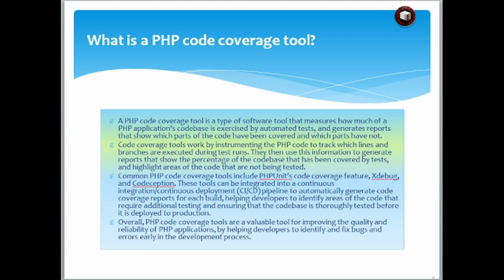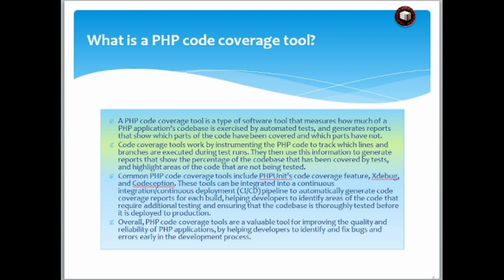They then use this information to generate reports that show the percentage of the code base that has been covered by tests and highlight areas of the code that are not being tested. Common PHP code coverage tools include PHPUnit's code coverage features, Xdebug, and Codeception.